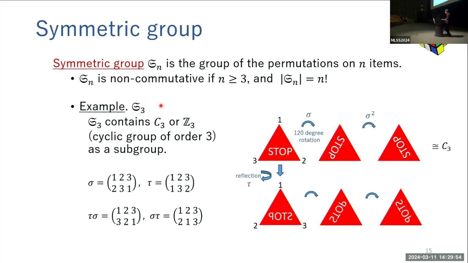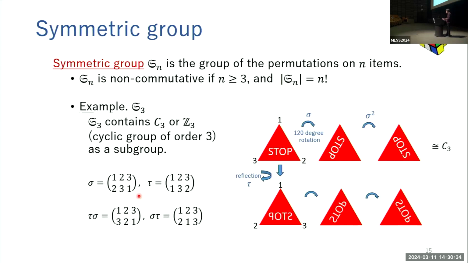Okay, let's look at S3 very closely. There are 6 elements in S3 as permutations of 3 items. It is important to note that S3 contains Z3 or C3, the cyclic group of 3 elements. Let's look at this element: 1 is moved to 2, 2 goes to 3, and 3 goes to 1.